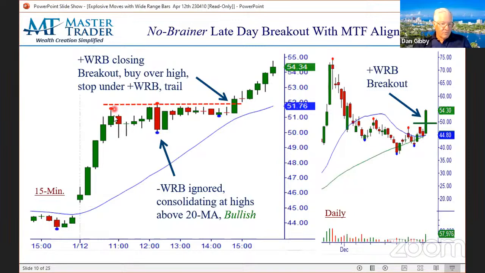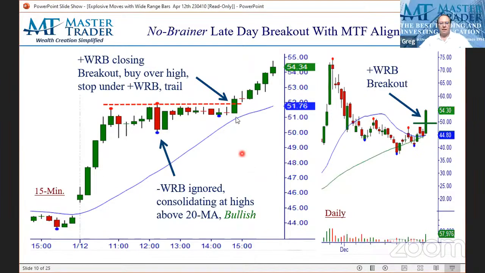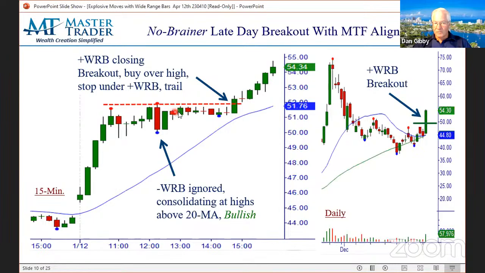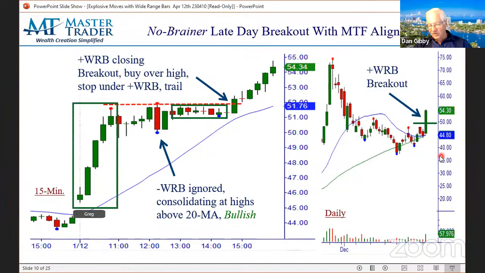Particularly on the day relative to these, it is a range expansion bar relative to these last, whatever, 10 bars in a closing breakout. So that, Greg, you use this term, the tell. That bar is the tell. Range expansion, closing breakout, red bar ignored, bullish breakout bar on the 5-minute on the daily chart.